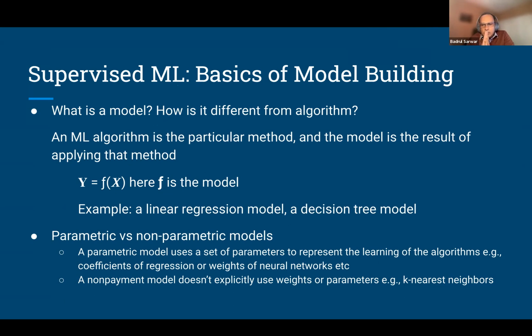They are very related, but when you say algorithm, we're talking about a particular method, such as the linear regression algorithm, deep learning algorithm, or tree-based algorithm. And when you say model, it is actually the result, or the programmatic output, of applying this algorithm.